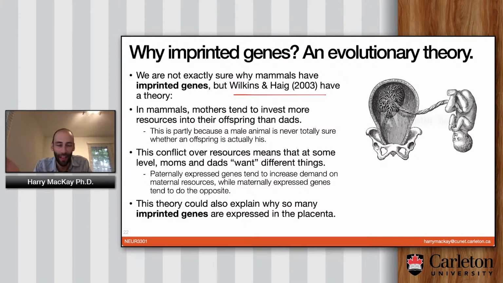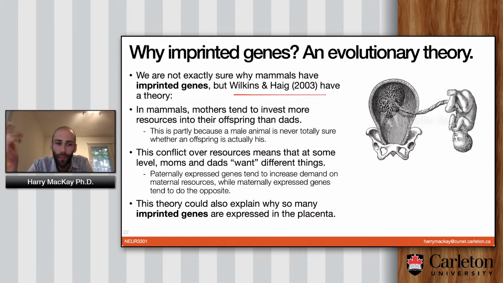So dads just kind of want the baby to go to town, whereas moms would want to do the opposite. They want to conserve their resources so they can be spread out and managed over all of the mom's brood or all of her offspring and over her entire life, right? She has a future ahead of her. The dad may not care about this.